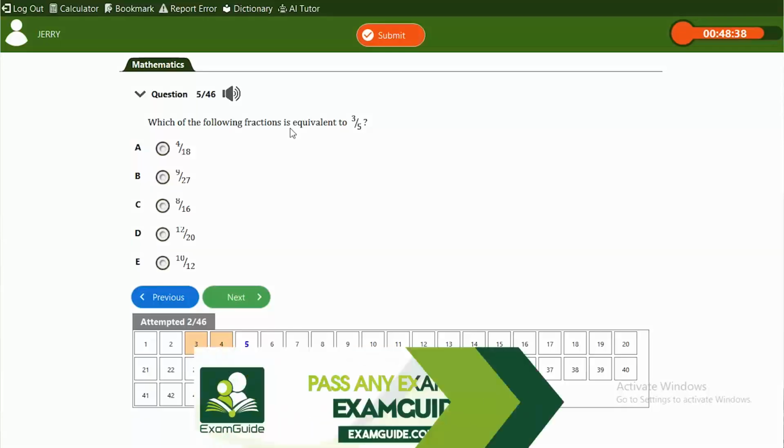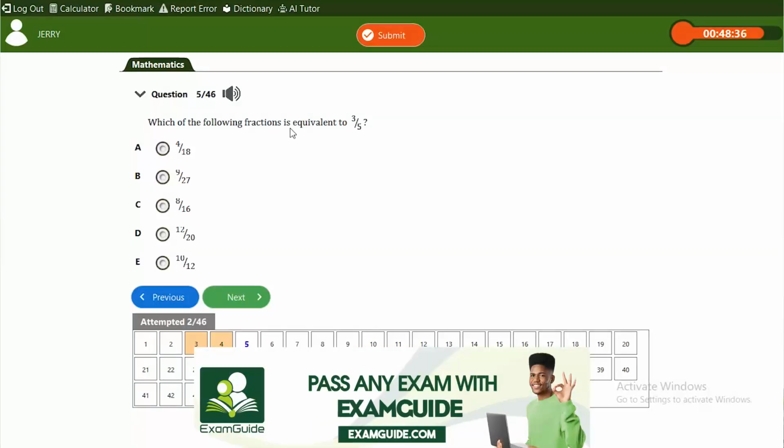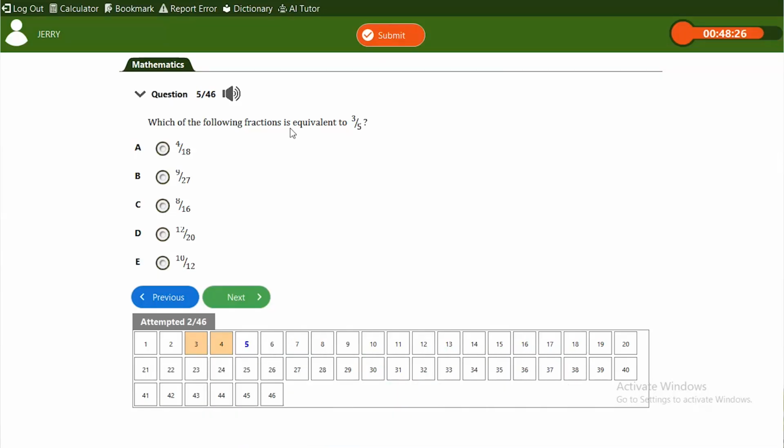So what you have to do there is 3 over 5 is in its simplest form. So all the fractions that you have been given there, quickly look at them. Which one do you think, when you simplify it to its simplest form, would be the same thing as 3 over 5? Equivalent fractions are fractions that are equal.